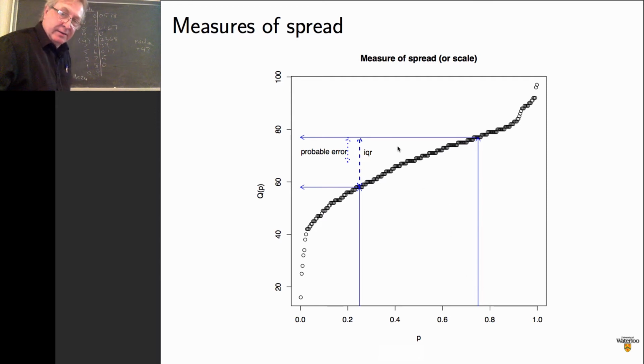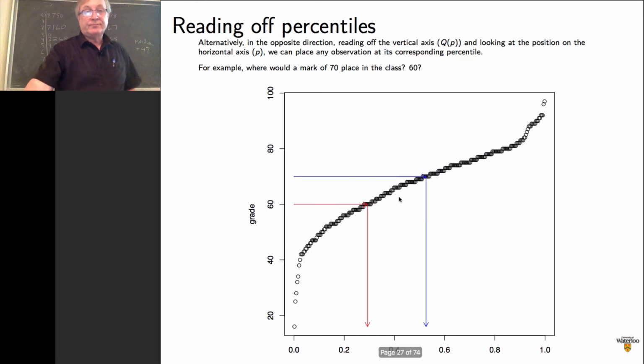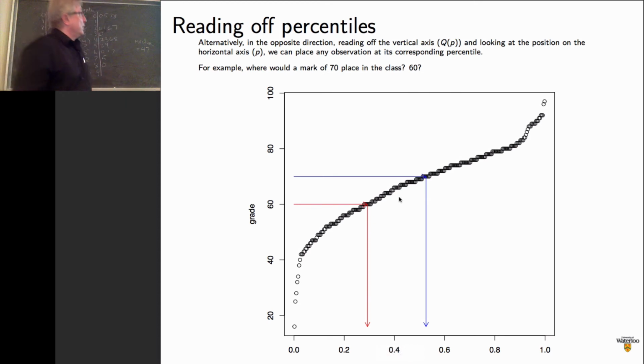So the spread, the interquartile range, is that 50% of the data in this plot are between there and there. Okay? So that's showing you the spread of the data. Conversely, you can go and say, I got such and such a mark, I got a 60%, where do I place in the class?